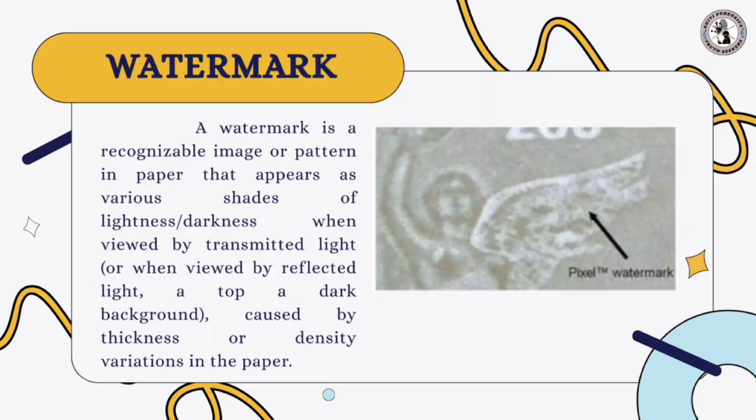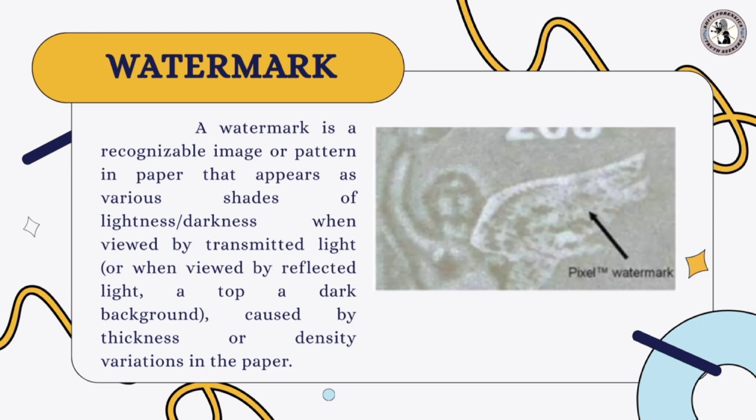Watermark, as we all know, a watermark is a recognizable image or pattern in paper that appears as various shades of lightness or darkness depending on the type of watermark we want to put, and it is viewed by transmitted light.